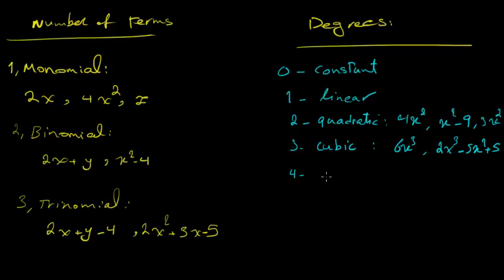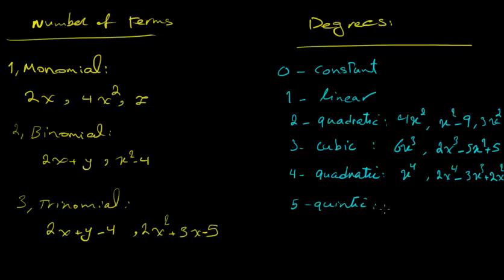Then we have quartic, which is when we have a fourth degree polynomial like x⁴ or 2x⁴ − 3x³ + 2x². Then we have quintic.